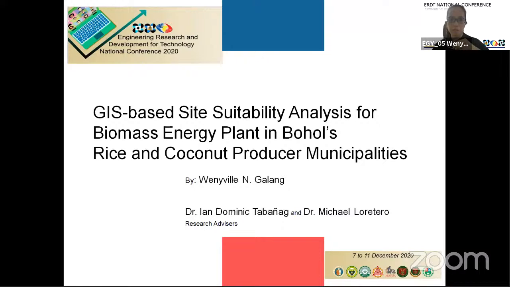Yes, actually, as I said, this is an initial phase. The focus is more on the approach, one way on how to do a site suitability, but it can be considered that there are other criteria that can be incorporated in improving the methodology for a GIS-based site suitability analysis.